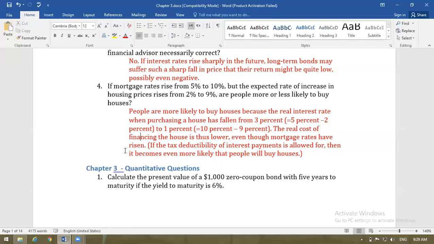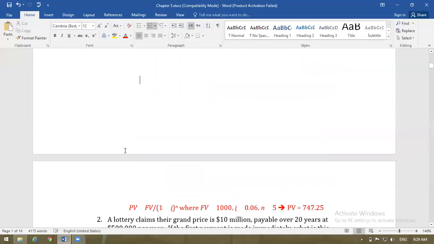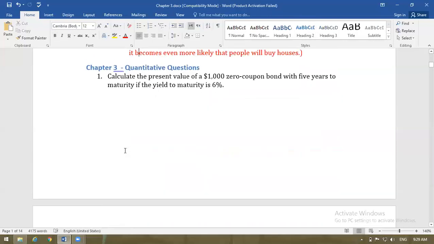Further, question 3, a quantitative question. Calculate the present value of a 1000 zero coupon bond. As we know, this is a case of a zero coupon bond, and a zero coupon bond is similar to the simple loan case.